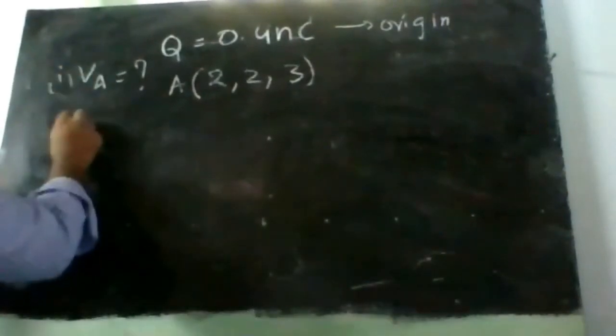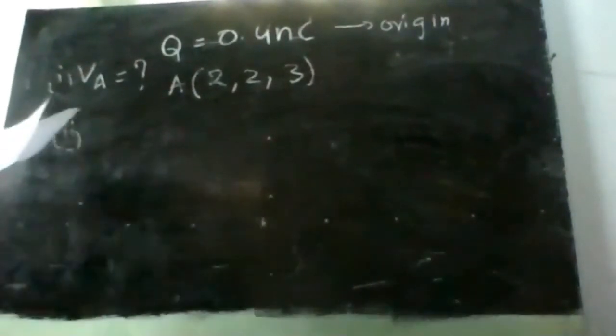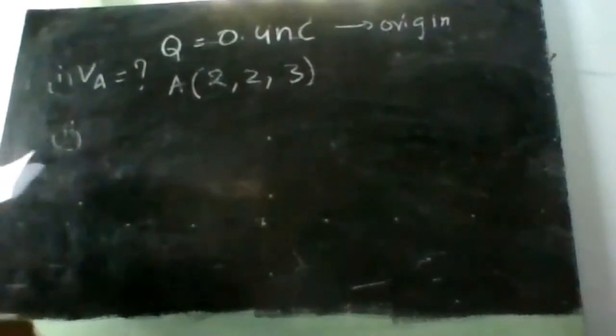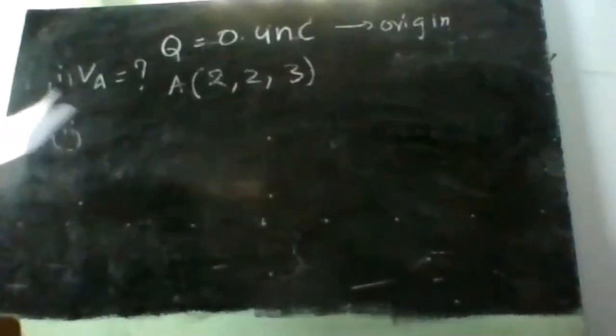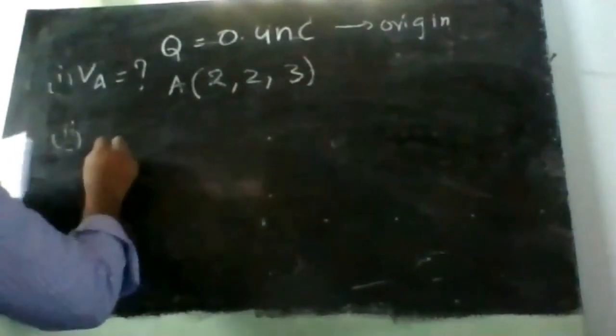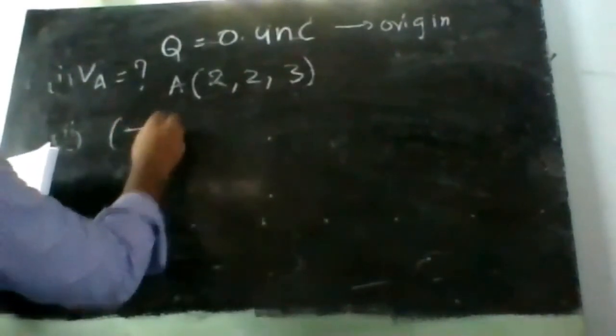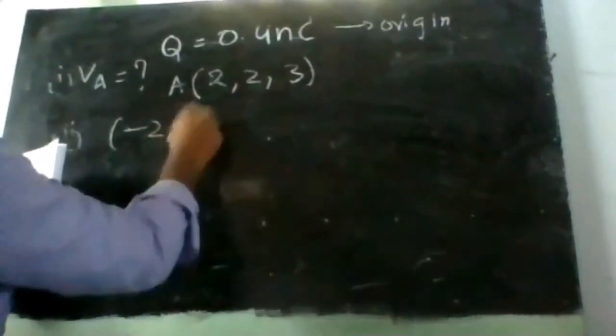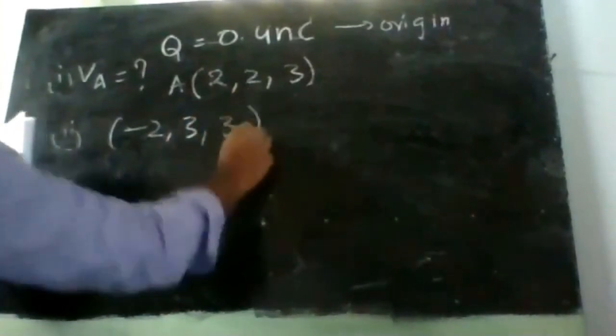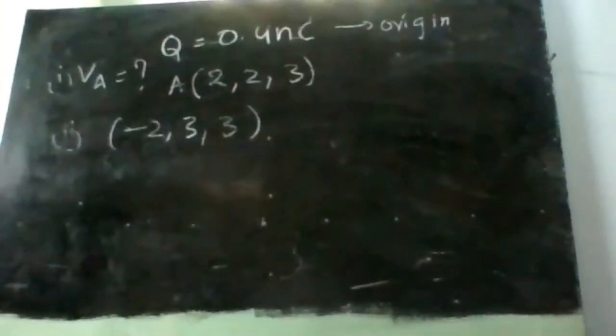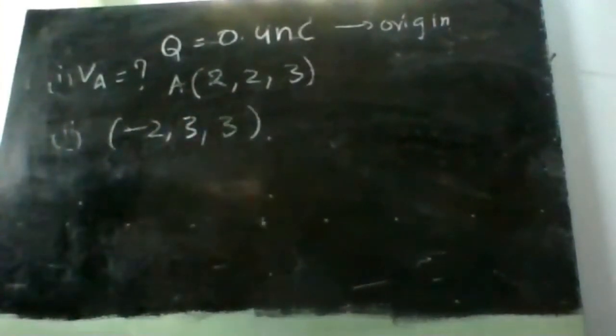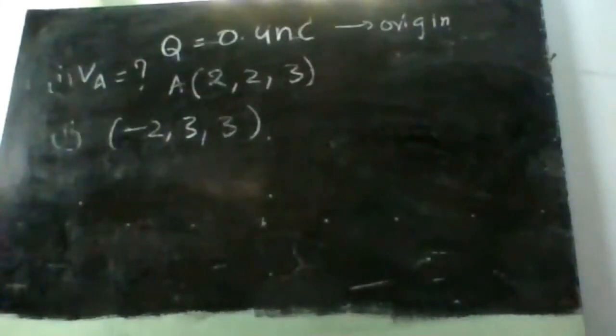Second is to find the potential difference between this point A and another point B located at (-2, 3, 3). So this is the problem.